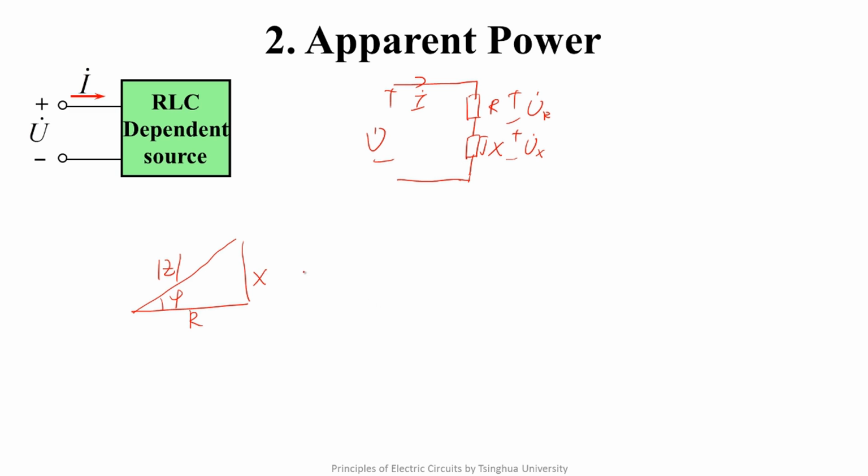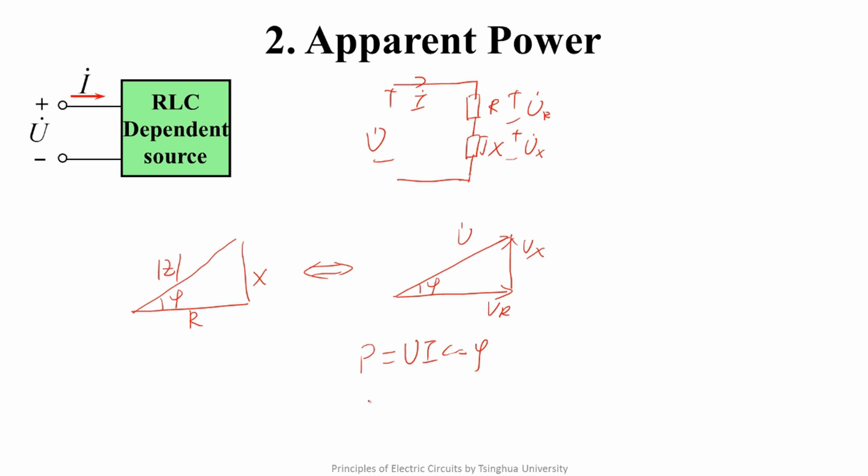Similar to the impedance triangle, we have the voltage triangle. Here phi is the angle of phase difference between voltage and current seen from the port. It can also be the impedance angle. We defined P equals Ui cosine phi in lecture 66.